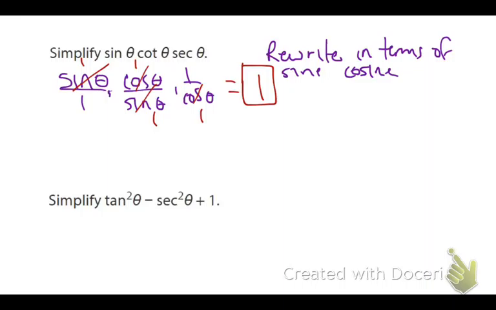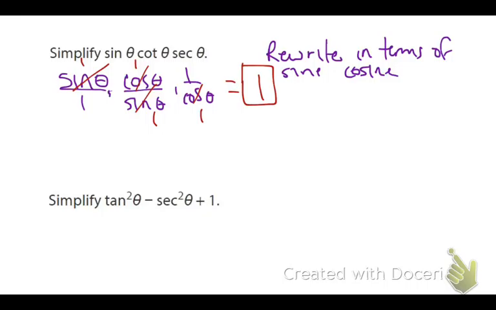What did we just finish working on? And what kind of identities did we just work on? Pythagorean. Why am I referring to the Pythagorean identity?